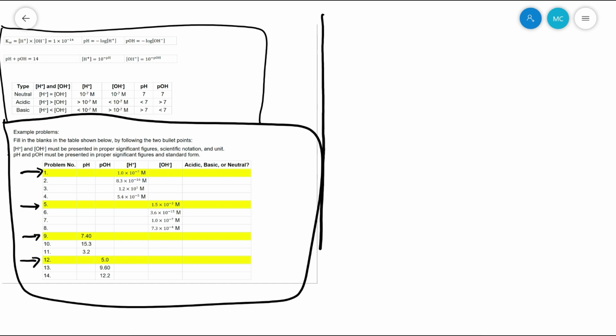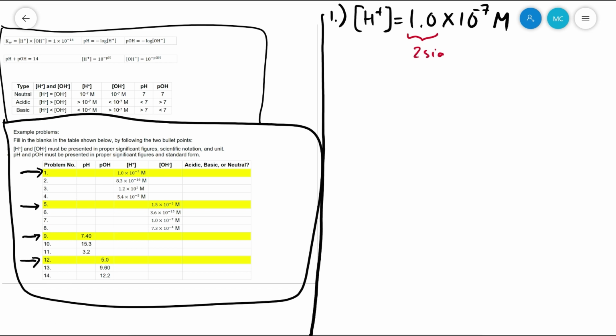Alright, let's get started with number 1. For number 1, you're given the concentration of H+, which is 1.0 times 10 to the power of negative 7 molar. Now keep in mind that there are two sig figs here.